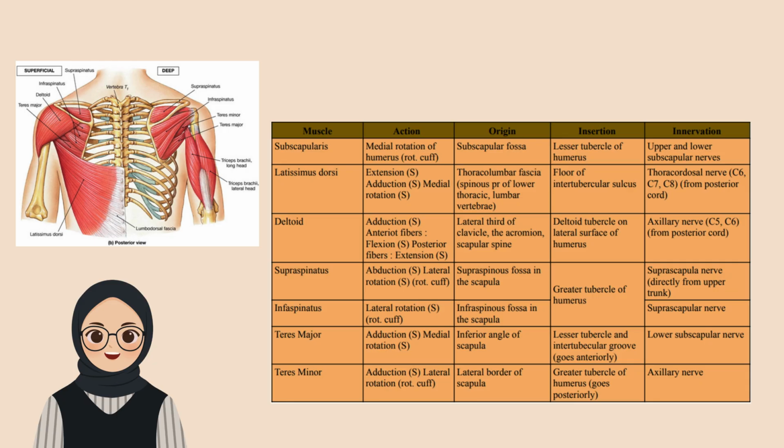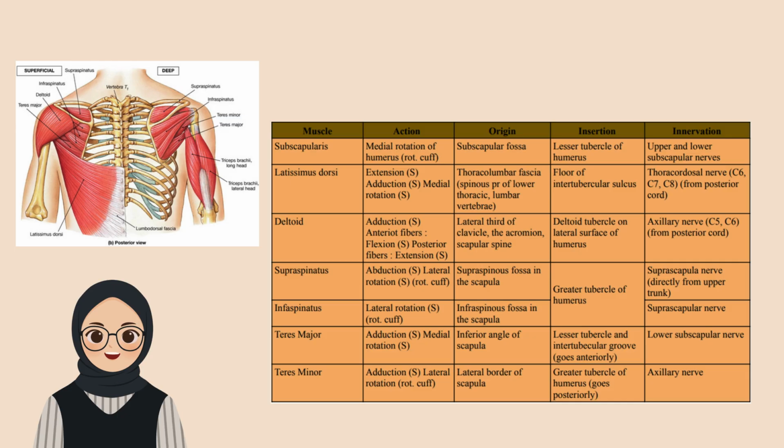Okay, and then supraspinatus. The action of supraspinatus is abduction, lateral rotation. The origin is supraspinous fossa in the scapula, and the insertion is greater tubercle of humerus, and innervation is suprascapular nerve directly from upper trunk.